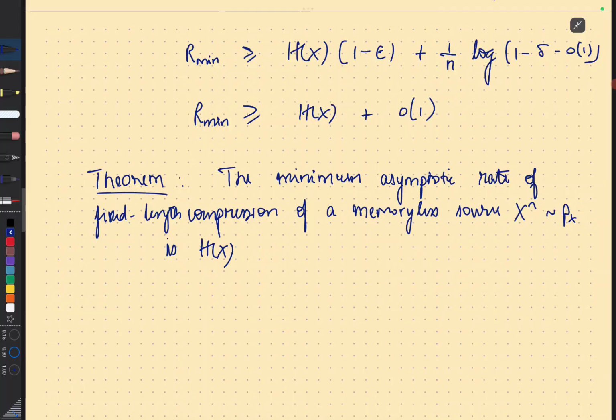Now in problems such as speech audio, video, or image compression, you don't really worry about recovering the source exactly. It's okay to allow a little bit of distortion between the reconstructed sequence and the original sequence. So if I allow a certain amount of distortion, then what is the minimum rate of compression that I can possibly achieve?